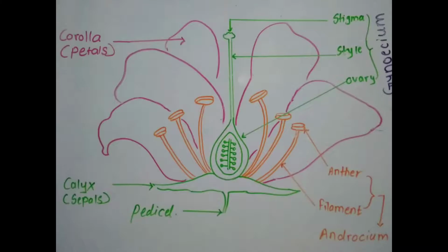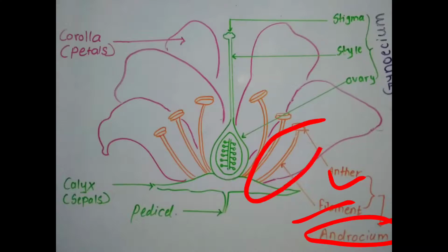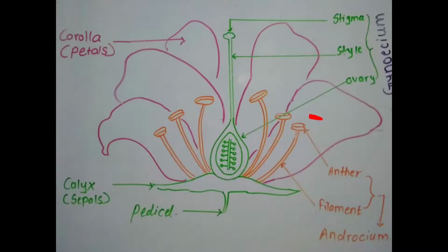Let's discuss the essential whorls first. In that, let's discuss androecium. Androecium is also called stamen. We have already discussed that the stamen contains two important parts, that is anther and filament. This is one androecium or one stamen. Many such stamens are present together. If you see carefully, the androecium has the upper part called the anther.